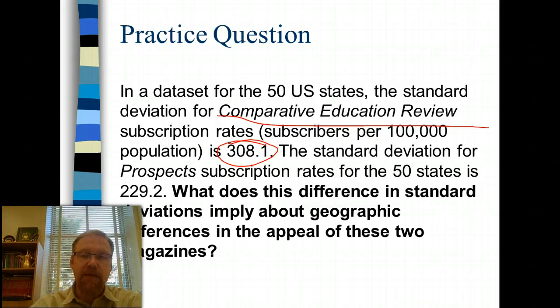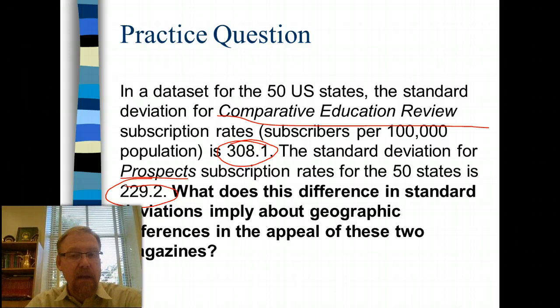But the standard deviation for another journal that we look at in our field, Prospects, for the 50 states is 229.2. Right, now you have two, at this point they may seem relatively random numbers representing the standard deviations for subscription rates between two different professional journals in comparative and international education.